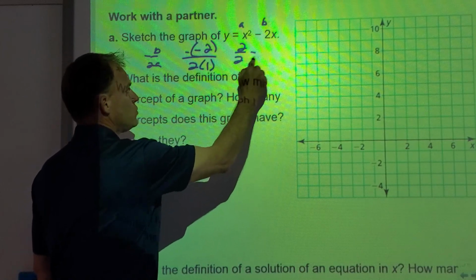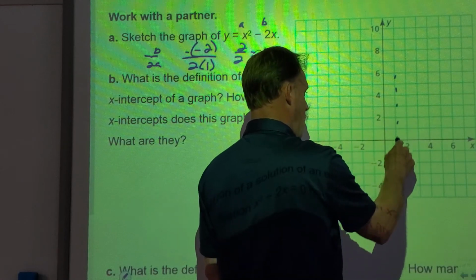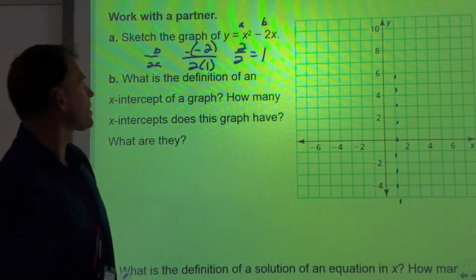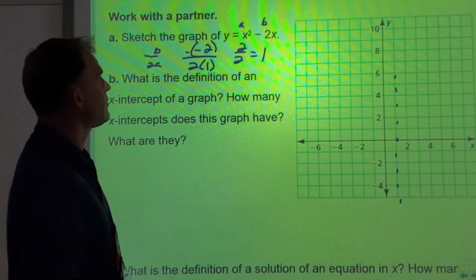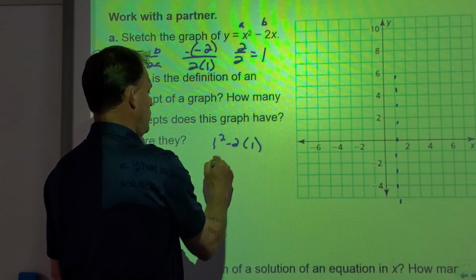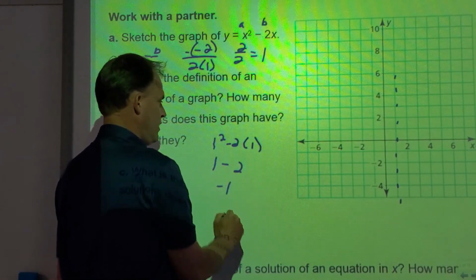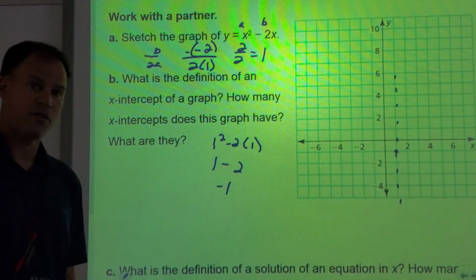2 over 2 is 1, so that would be my axis of symmetry. And then I take 1, plug it back in to find my vertex. 1 squared minus 2 times 1, that's 1 minus 2, which is negative 1. So my vertex is right there.